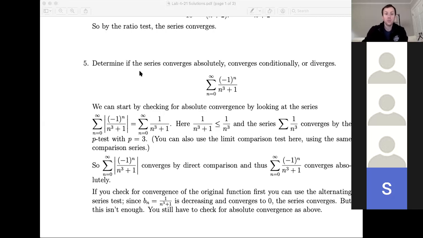What you can also do is, or kind of the third option we didn't see in these examples, is if you check the original series and your series just diverges, then you can stop. You don't have to worry about the absolute value case, because if the original series diverges it's also going to diverge if you put absolute values on.